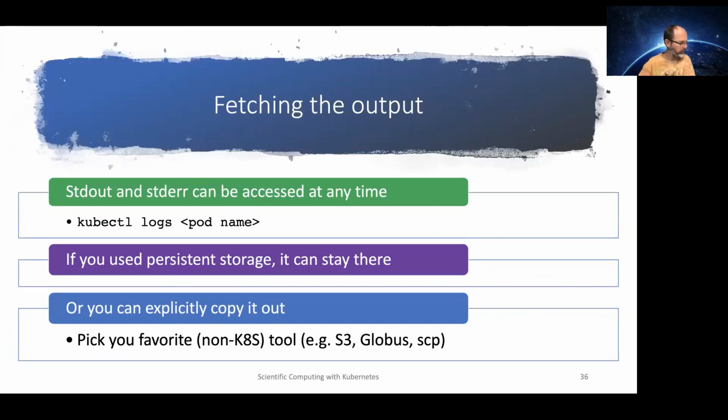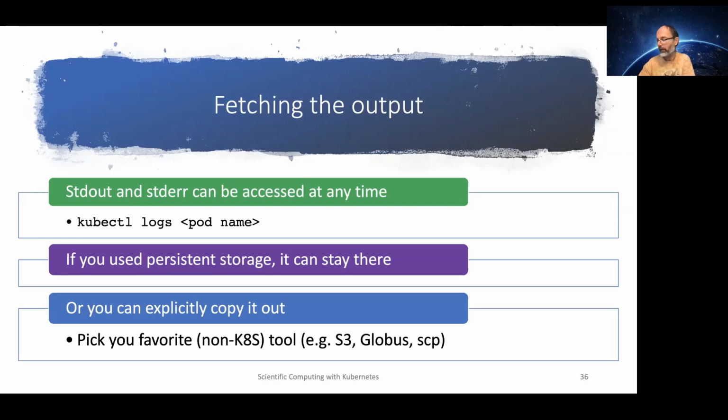So that's how you launch jobs, but you probably will want to do something with them. You need a way to fetch the output. We know that getting the input in is possible natively with Kubernetes with config maps. But there is no equivalent to get the output out. There is no way in Kubernetes to say, stick the output into an object for me to retrieve later.